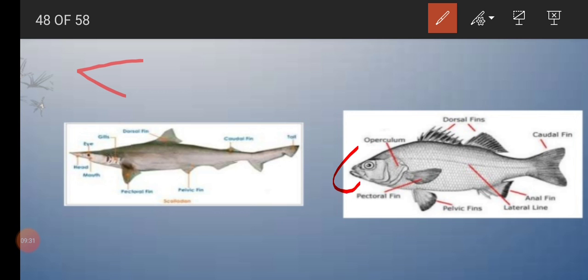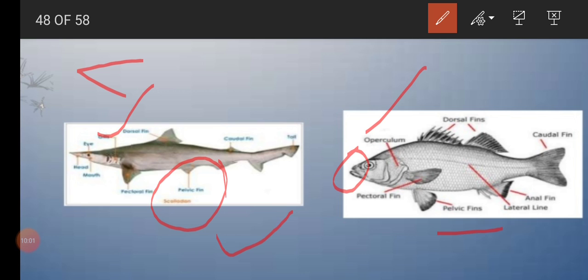Here the operculum is present, but here only gills can be seen without an operculum. Is that clear, children? And here is the pelvic fin, where we can see claspers meant for internal fertilization. But here there are no claspers in the pelvic fins, only the fins.